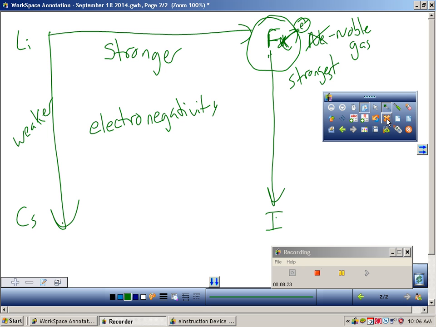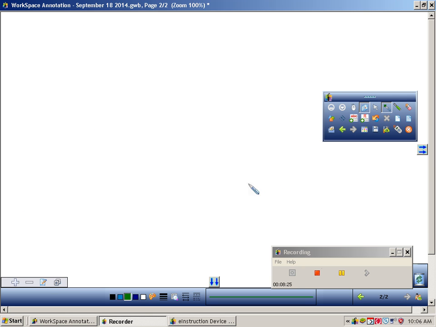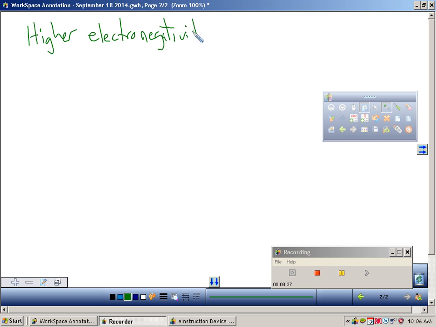Now on your test, we'll have something like this. We'll say, who has the higher electronegativity? And you'll get two options. So let's go with oxygen and fluorine. Oxygen being number 8, fluorine being number 9. So which one's stronger?